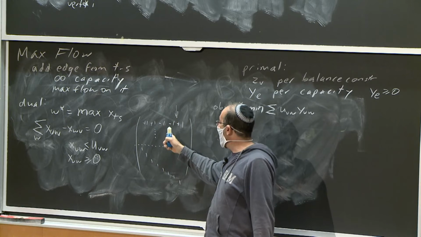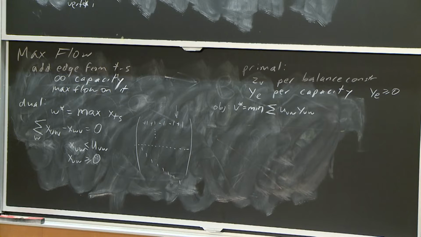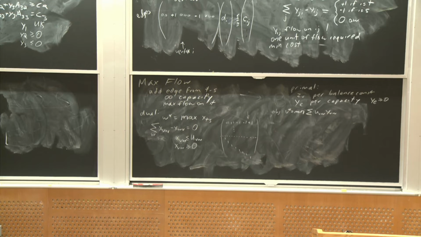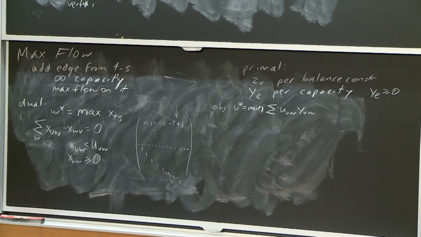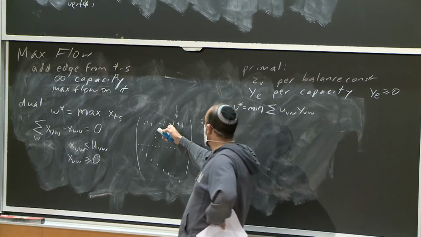So what non-zero coefficients are we going to see for a particular edge? Well, what created the non-zero coefficients?